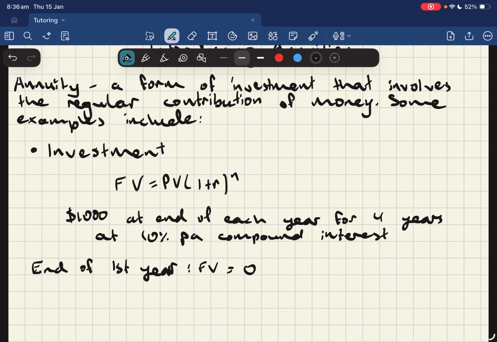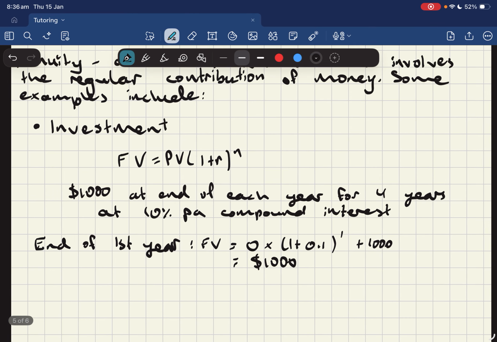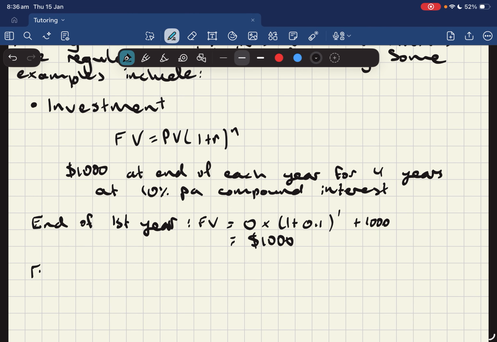So you start off with 0 times 1 plus the rate, which is 0.1 to the power of 1, because it's for 1 year and it's compounded annually. And we add 1,000 at the end of the year. So at the end of the year, we're making a payment of $1,000. That means that we would get, at the end of the first year, $1,000 in our account. Okay, sweet.